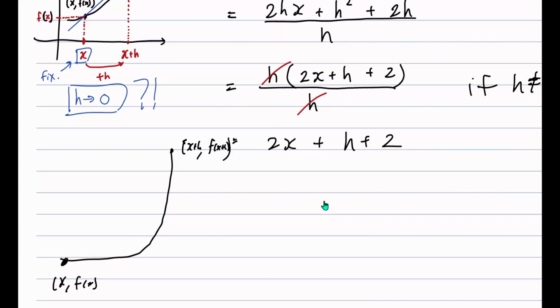Then if I draw a secant line like this, sorry, I changed to red ink. Maybe use back a blue. If I fix my x comma fx, then I let the h get smaller and smaller. Essentially, it means that I am drawing a new line like this with a smaller h. You see the h here versus the h there. This is the new h. This is the old h.